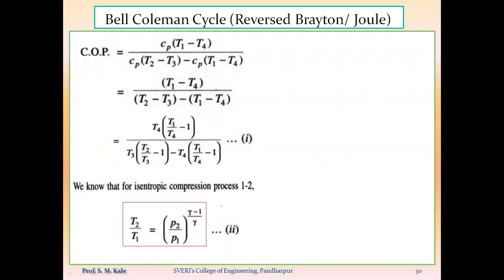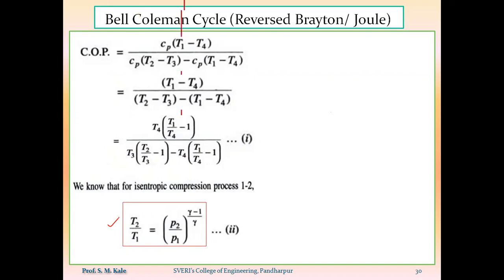For isentropic compression process in thermodynamics, you might have studied this equation: T2 by T1 is equal to P2 by P1 raised to gamma minus 1 upon gamma. So we can apply this equation for the process 1 to 2.